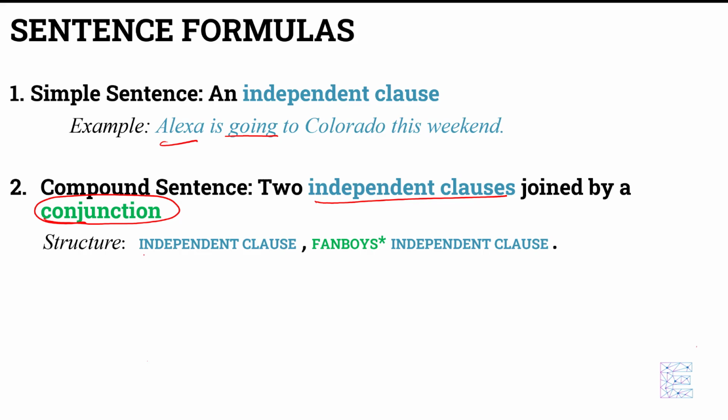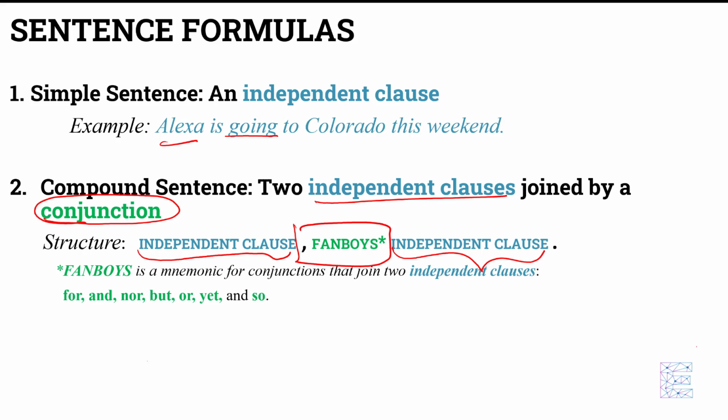And again, the structure is an independent clause on the left, a comma and FANBOYS conjunction, and an independent clause on the right. As a quick reminder for those who may have forgotten, FANBOYS is just a mnemonic, or acronym, to help us remember the conjunctions: for, and, nor, but, or, yet, and so. Those are the conjunctions that you need to be familiar with.